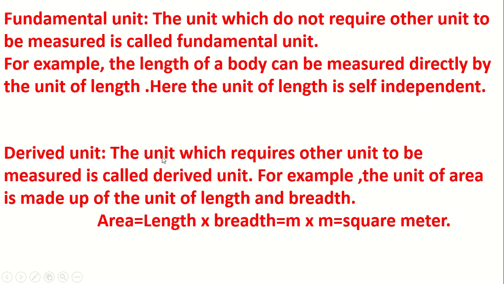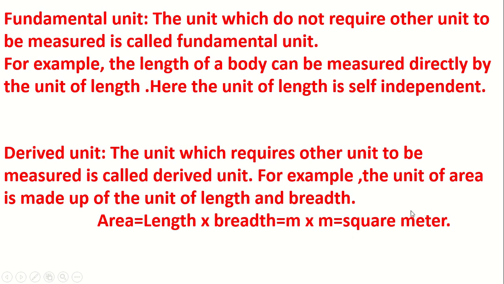Derived unit. The unit which requires other unit to be measured is called derived unit. For example, the unit of area is made up of the unit of length and breadth. Area equal to length into breadth. So the unit of length is what? Meter. The unit of breadth is also meter. So meter into meter, what comes? Square meter.